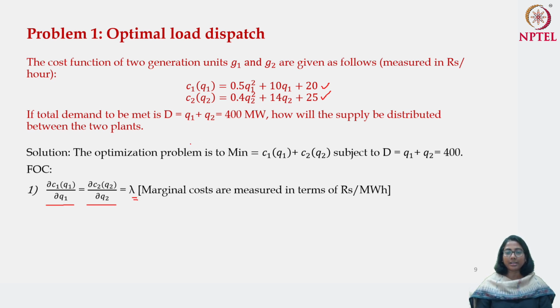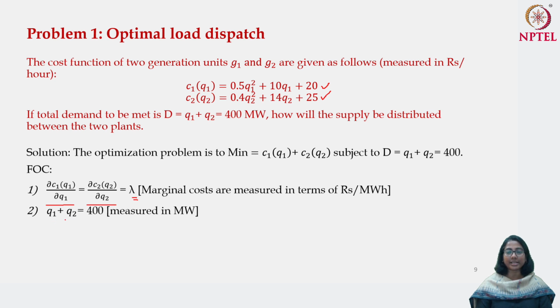One thing that is important to notice is that when we were talking about total cost, we were measuring it in terms of rupees per hour. When we are talking about marginal cost, we are actually talking about rupees per megawatt hour. The second first order condition is given by Q1 plus Q2 equal to 400.